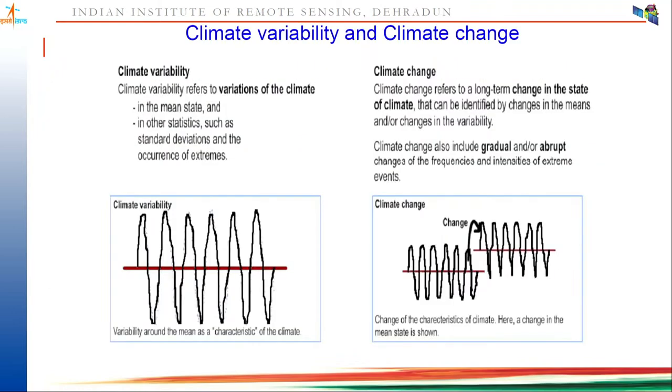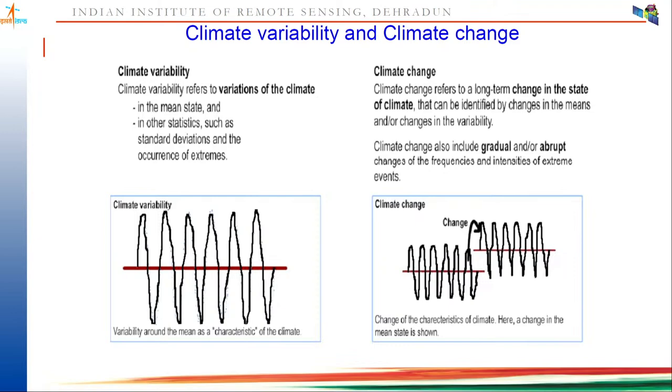Now, because our topic of today's discussion is agroclimatic risk assessment and climate resilient agriculture, we need to first understand what is climate change and what is climate variability. Climate variability mainly refers to variation with respect to space and time.